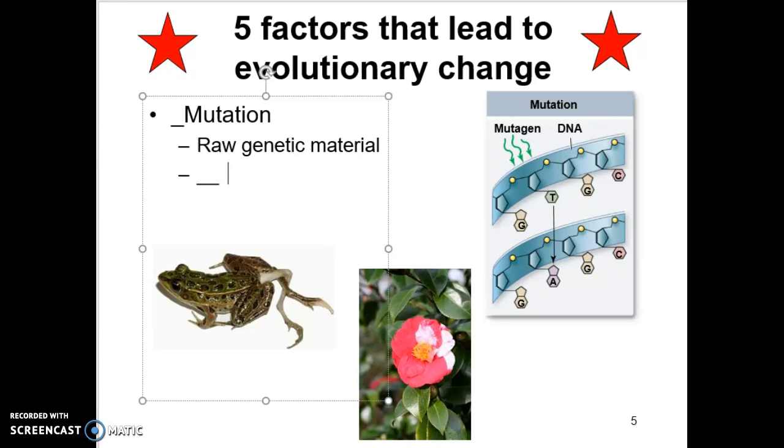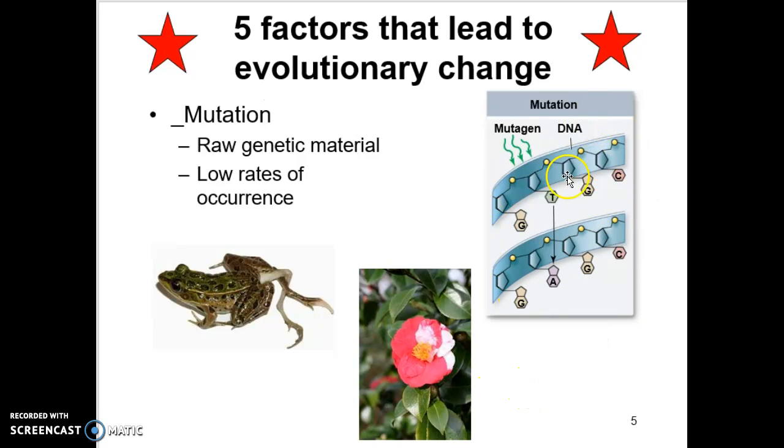Generally, though, mutations happen at very low rates. We don't see it a lot, but it does happen. Remember, DNA replication, roughly 3 errors persist in the cell cycle. That creates differences. In the case of the flower here, the white parts on the petal versus the pink might not be a big deal. But in the case of the frog, you got an extra leg, that's problematic. All right, so that is our first factor that leads to evolutionary change.